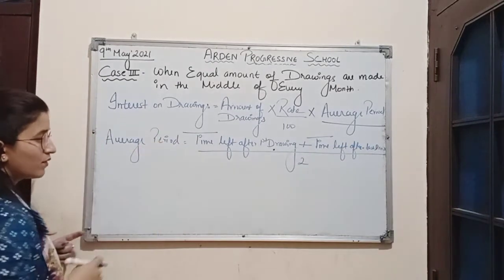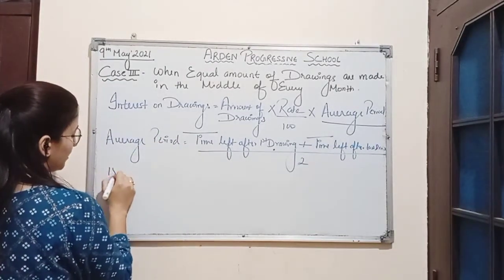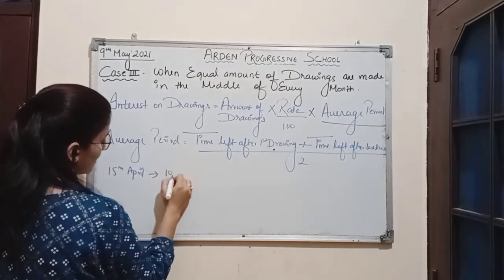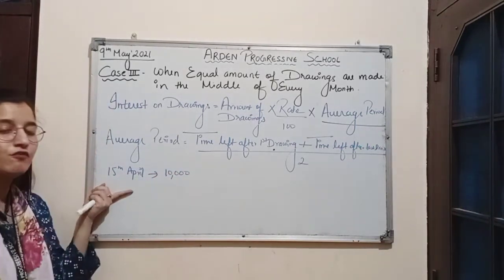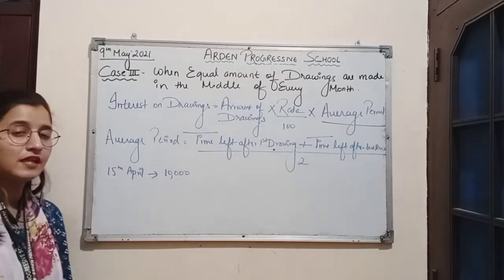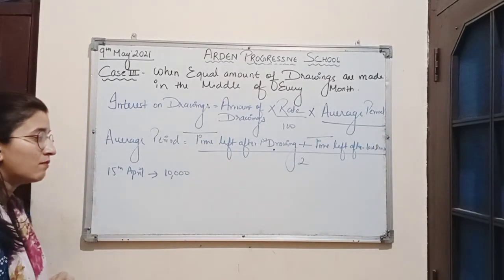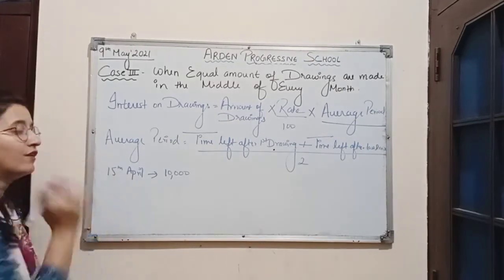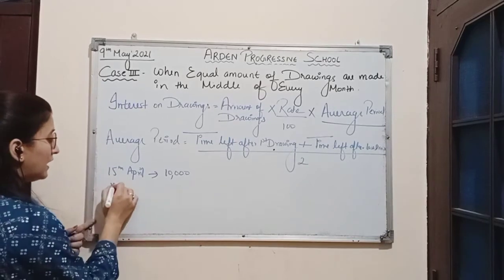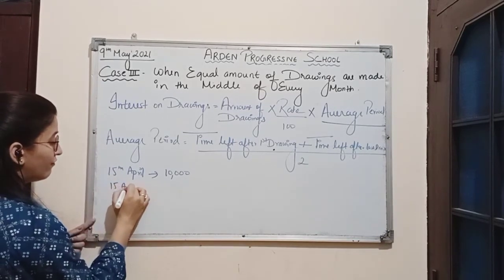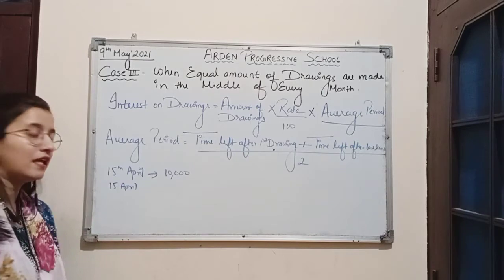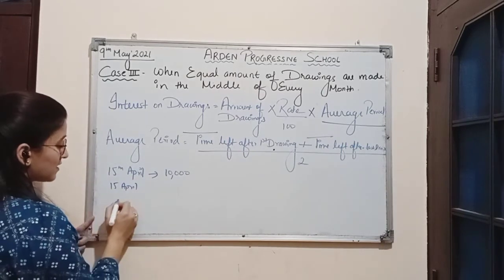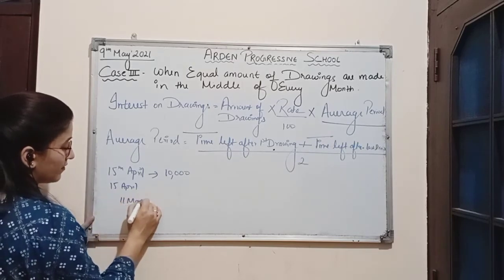So here, as we know, partner is withdrawing the amount of drawing in the middle of every month. For suppose in the first month, partner is withdrawing 10,000. So in the middle of first month, which is 15th April, partner is withdrawing the amount 10,000. Now how many months are left after 15th of April? So 15 days will be left of April, and then from 1st May to 31st March, duration is 11 months.